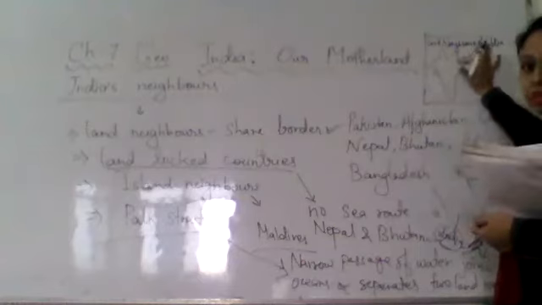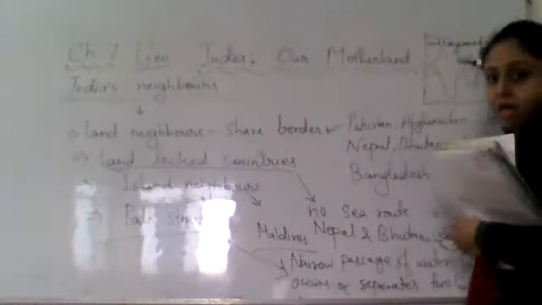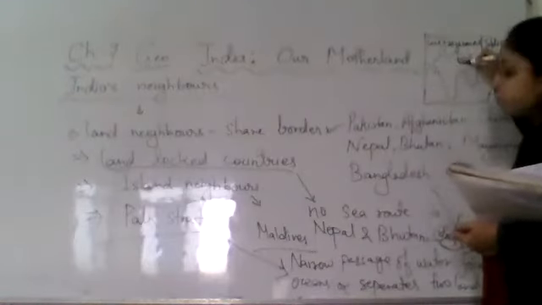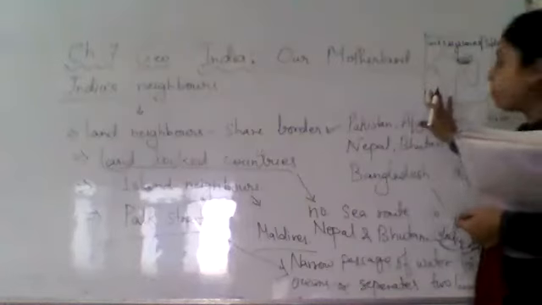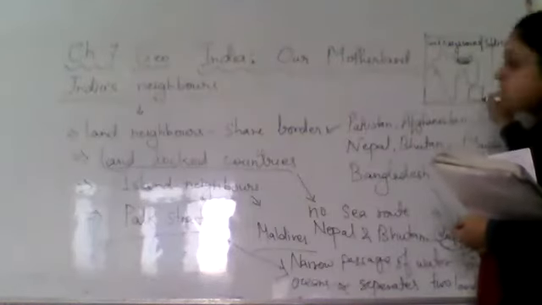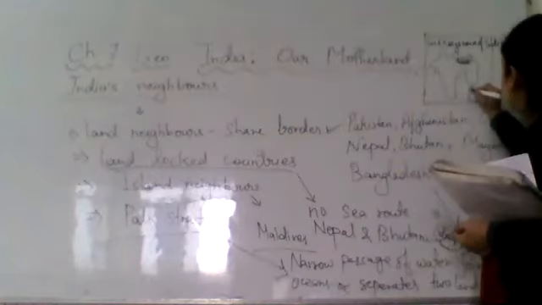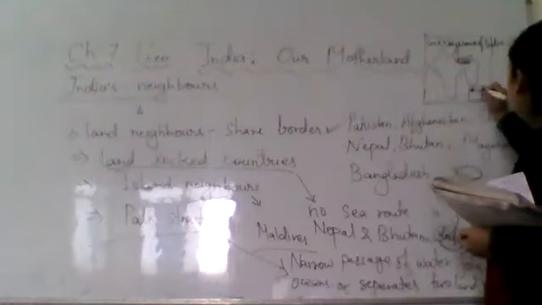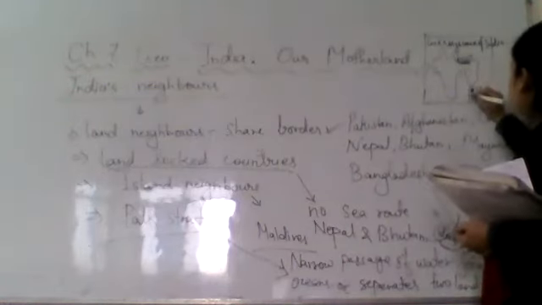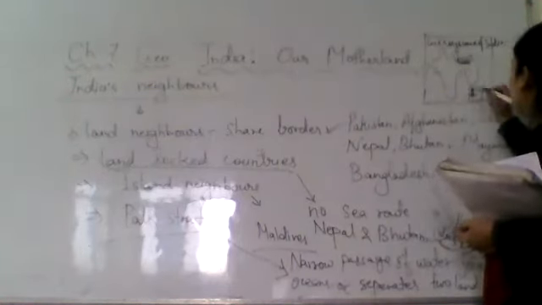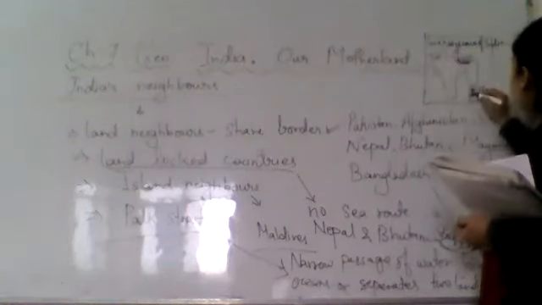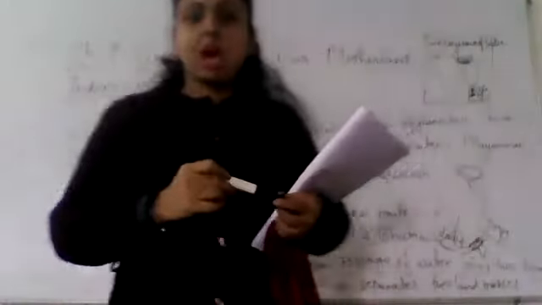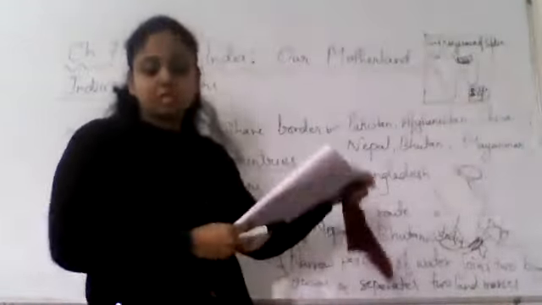Color those with different colors. Show where they are sharing a land border. Like this you need to properly make it. Now make a legend. If I have used yellow color for China, put yellow color, write China. If you have used green color for Pakistan, color it green. Here also it will be green. Here also it will be green. Write Pakistan. Like this. Understood? This is how map work is done. So please note the map work.